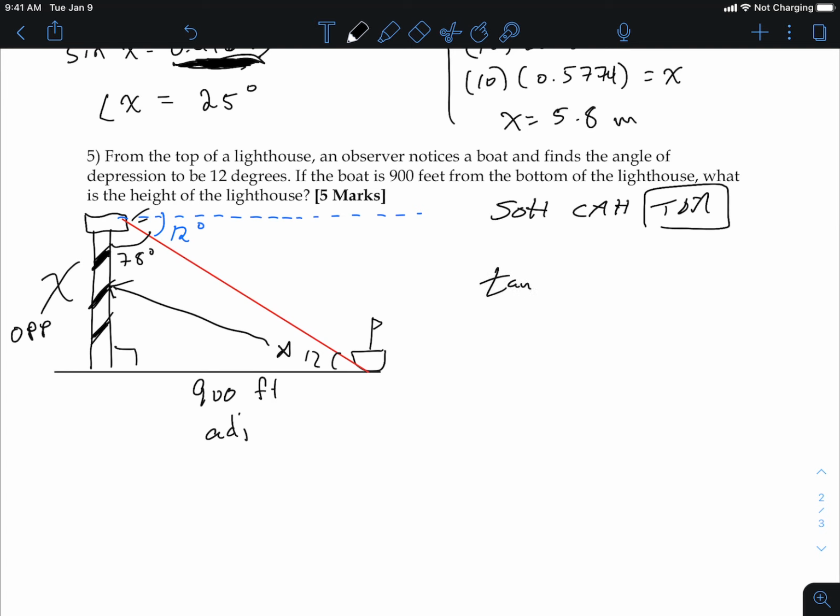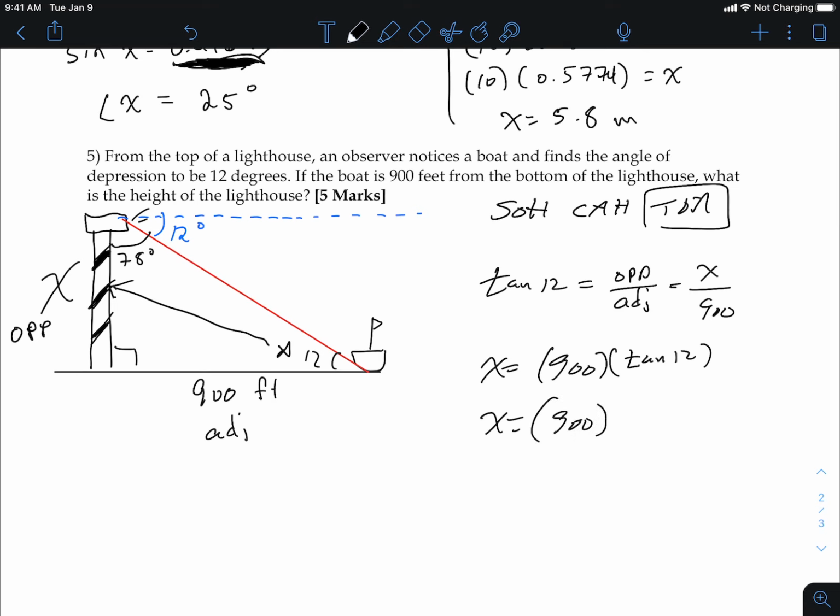Tan of 12 is equal to opposite over adjacent, which is going to equal x over 900. So x is going to equal 900 multiplied by the tangent of 12, multiplied by 0.2126.